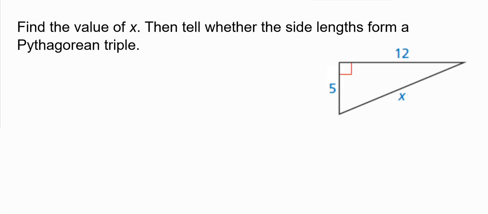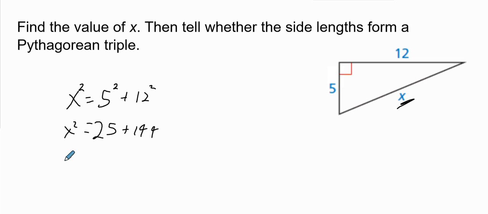So if I want to use the Pythagorean theorem, I can use that to find our hypotenuse. Our hypotenuse needs to be the expression that's by itself, so that's x squared is equal to the sum of the other two legs, so 5 squared plus 12 squared. If I notice this, I see that this is a Pythagorean triple, so I get 25 plus 144 equals x squared.